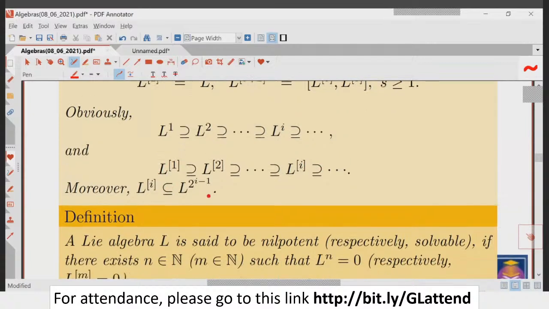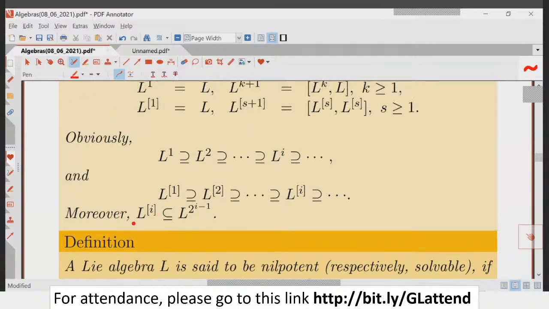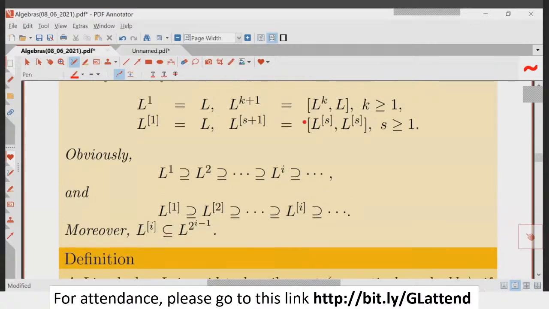Now you can easily see that L to the power 2 to the i is inside of L to the 2 to the i minus 1 in this form.